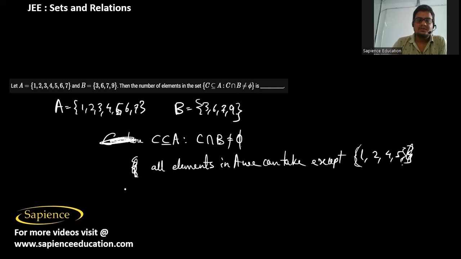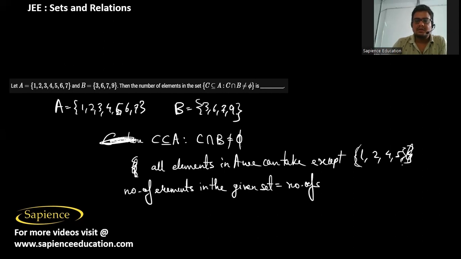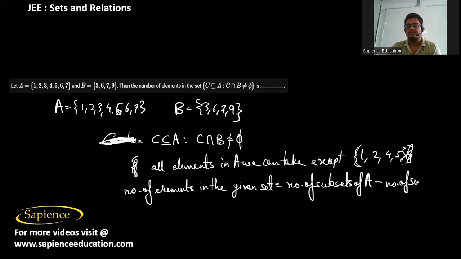So therefore, the number of elements in the given set will be equal to the total number of subsets of A minus the number of subsets of 1, 2, 4, 5.